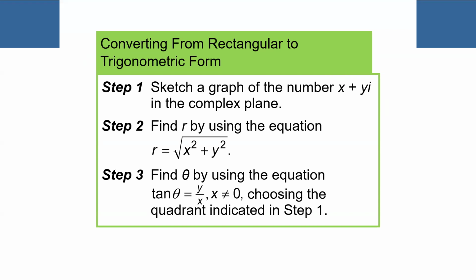To find your theta, remember theta equals y divided by x. And based on where we graph, we'll know whether theta is positive or negative, and whether the x or the y. All right, three easy steps, right? How do you feel? Doable? Okay.